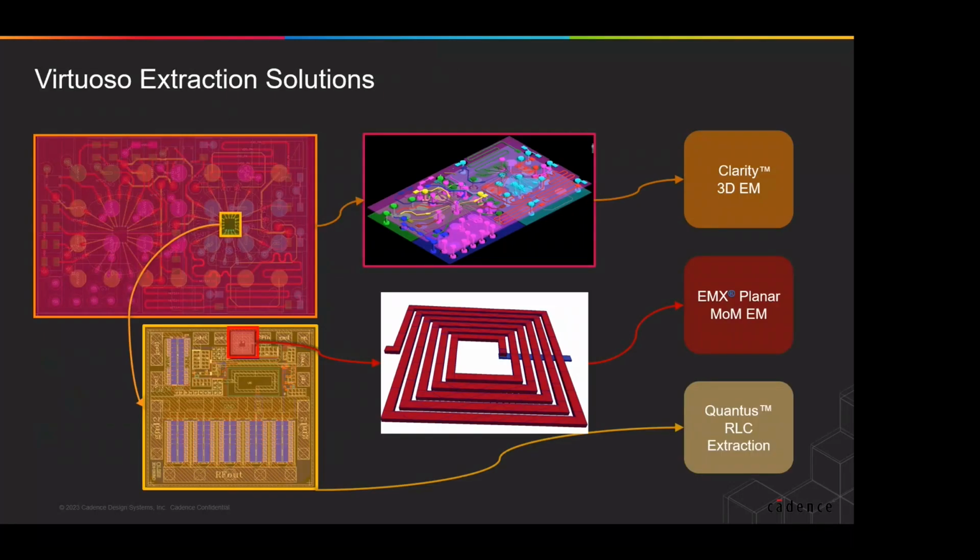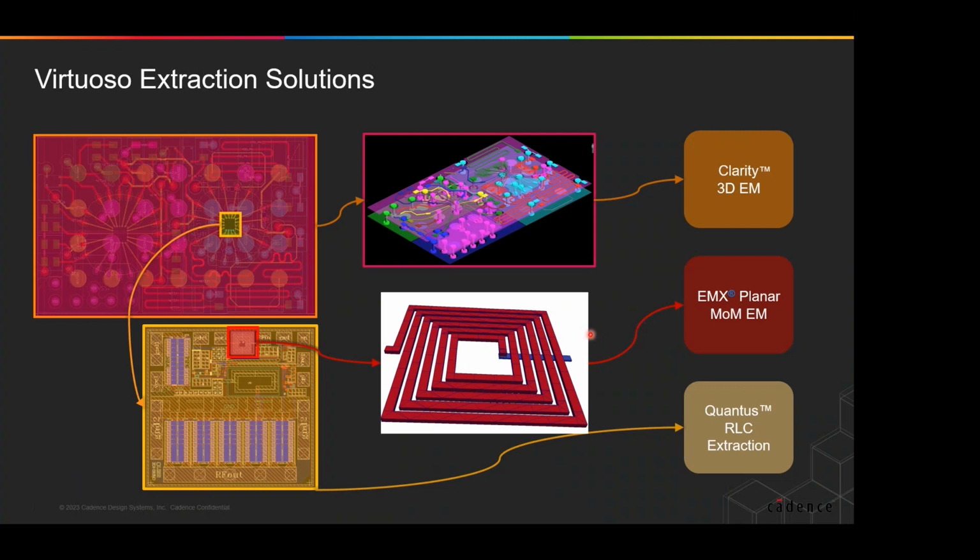So in this flow, we offer a number of different extraction solutions depending on what level, complexity, and frequency you're working at. Starting from the bottom here, if you're extracting the entire IC and you need the entire IC, we offer Quantus RLC extraction. If you need precise planar inductor extraction, we offer EMX, our planar method of moment solver, and that works really well.